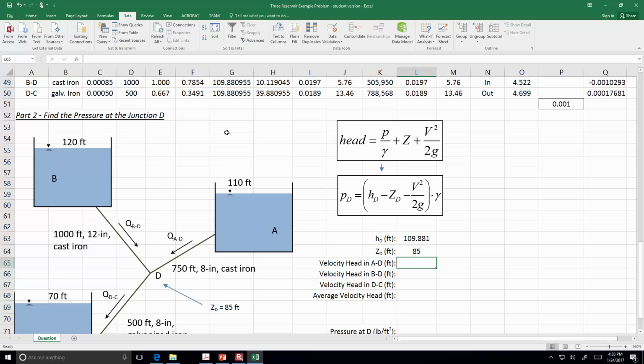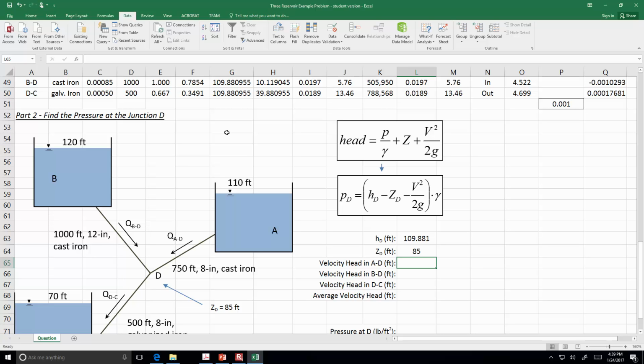And so you could say, what's the velocity head in pipe BD? Or you could say, what's the velocity head in pipe AD? So let's find the velocity head in all 3 pipes and then average them and say that that's the velocity head at D. That's probably overthinking it because velocity head is usually a small fraction of the overall energy.